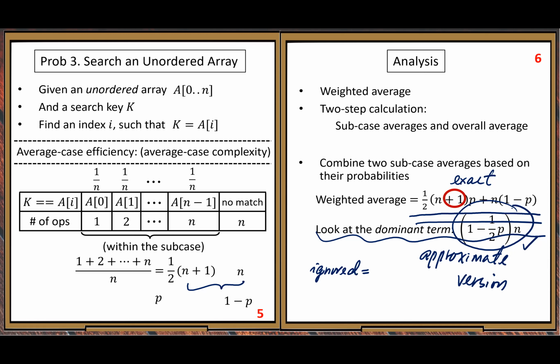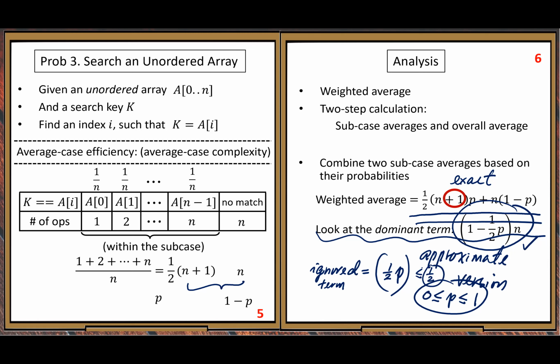The part with n, we keep it. Look at the ignored term, which equals 1/2 P. This term is ignored. But we know P is between 0 and 1. P is a probability, right? So this number is less than 1/2.